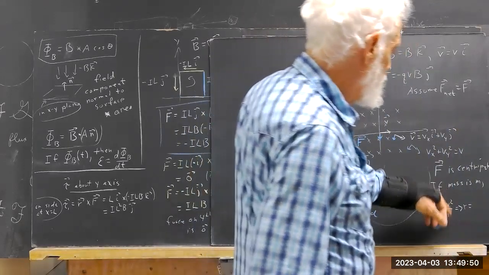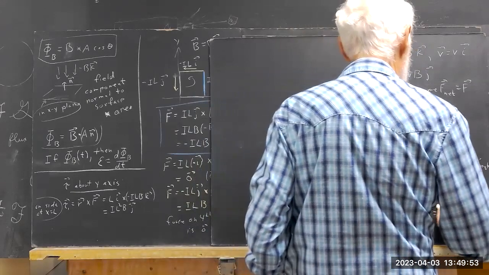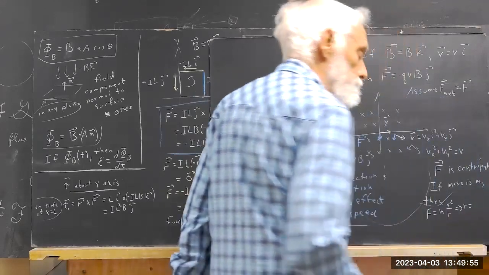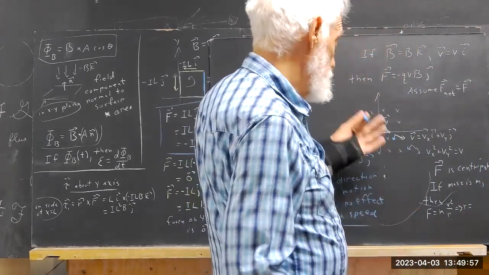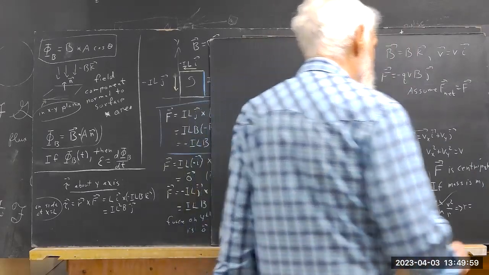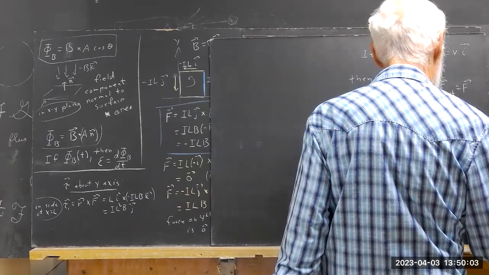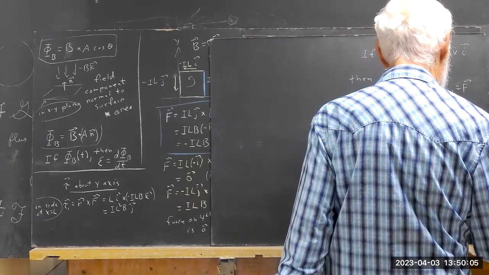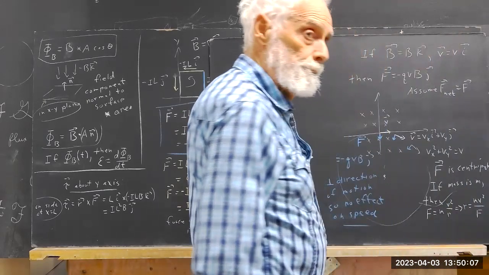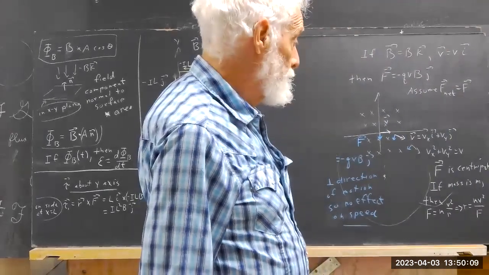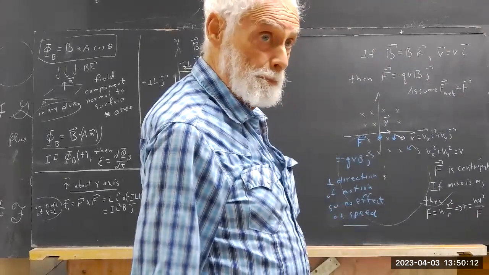And F equals mv squared over r applied to r. Multiply both sides by r, divide by qB. There's your radius of curvature.